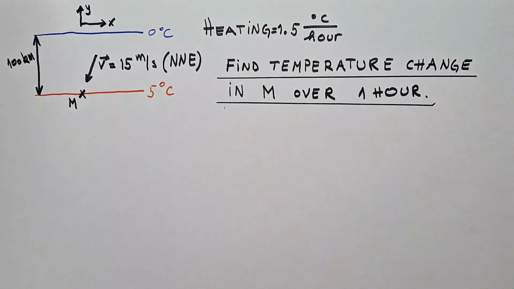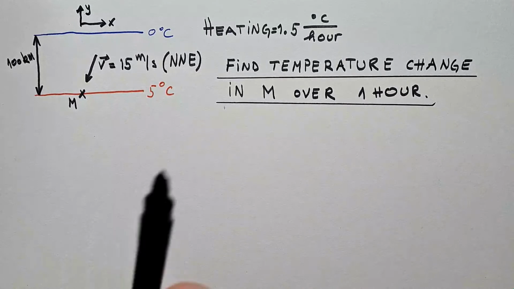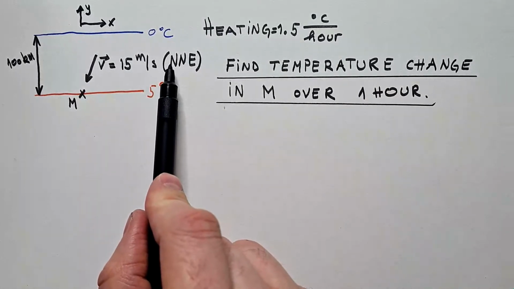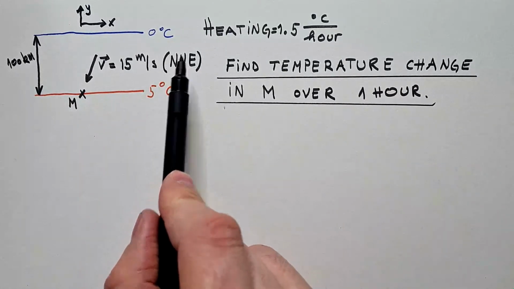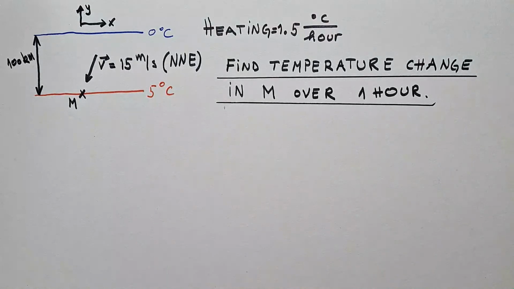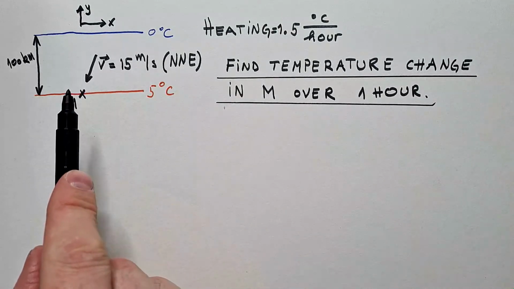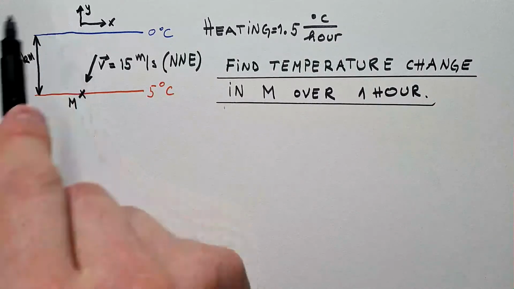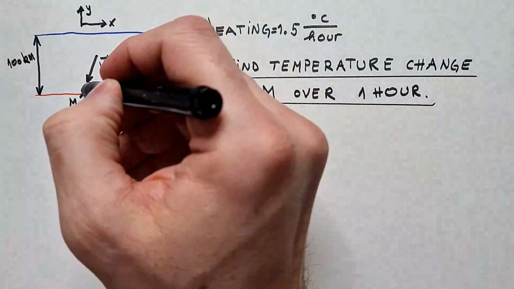To find that, let's first identify the angle of this north-northeast wind direction. We know that a north wind would be 0 degrees if this is north.